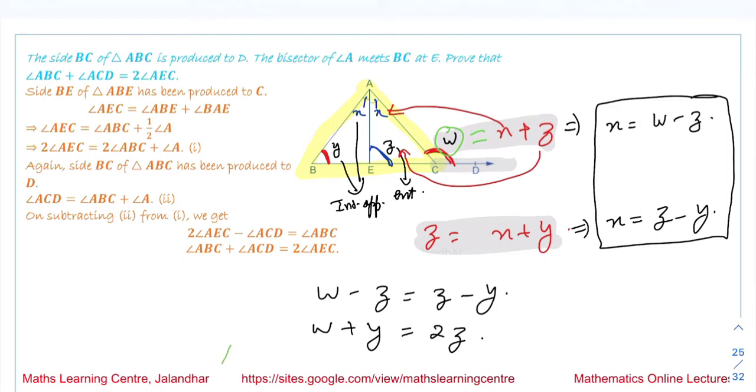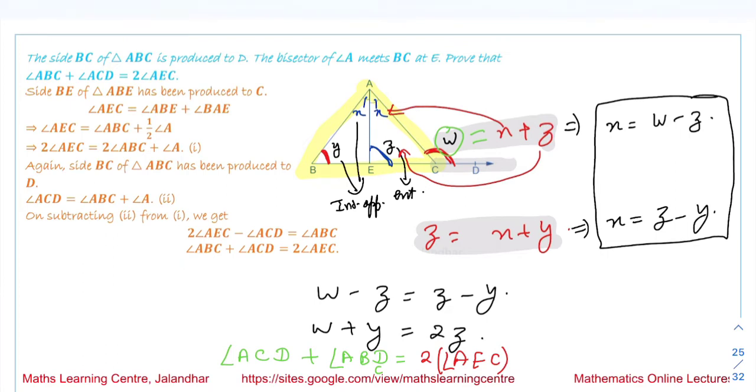It is angle ACD, plus what is Y? It is angle ABD, or you can write it as ABC. And what is the value of 2Z? It is 2 times the value of Z, which is angle AEC, and this is what we have to prove.